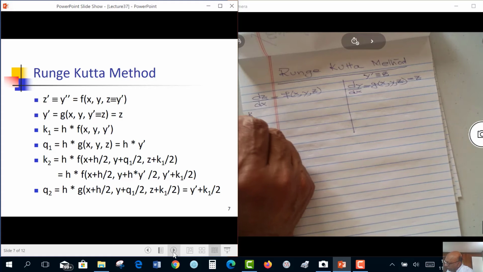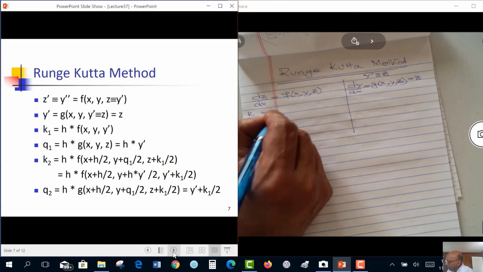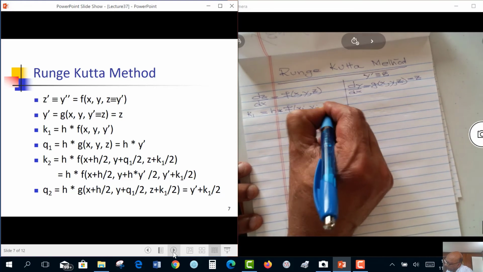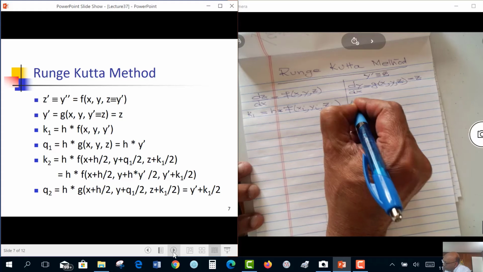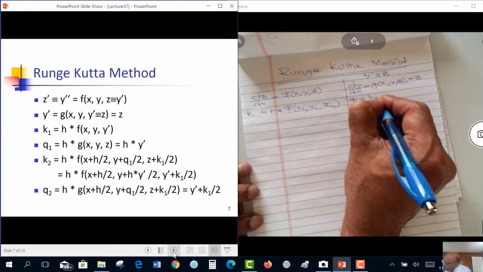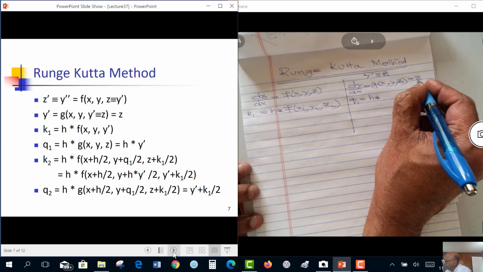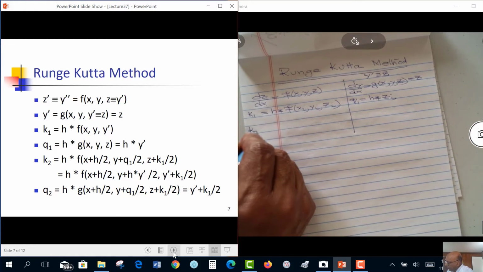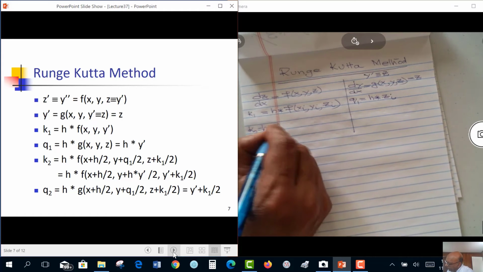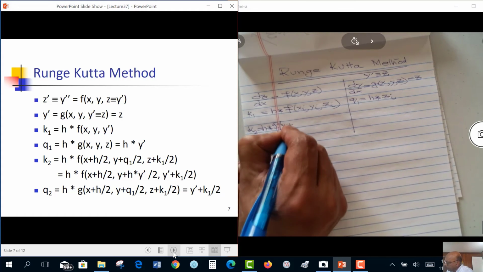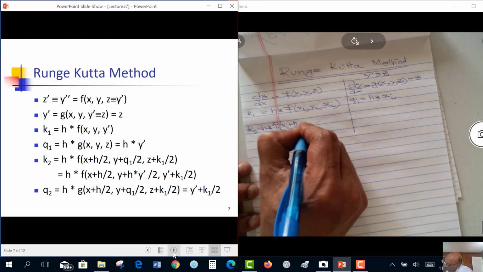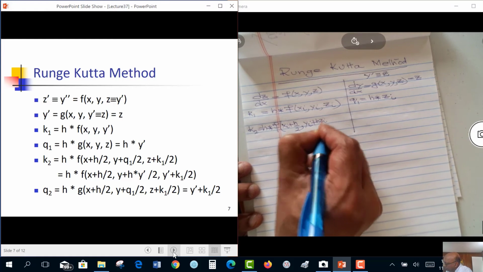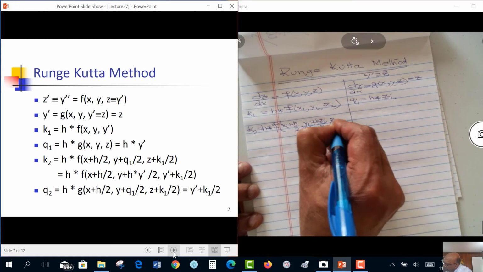So what did we do? We had four slope estimates. k1 was h times the function at x i, y i, z i. We had q1 here, h times function g, but we know this is just z i. k2, h times the function at x i plus h over 2, y i plus q1 over 2, which we know is h z i over 2, and z i plus k1 over 2.